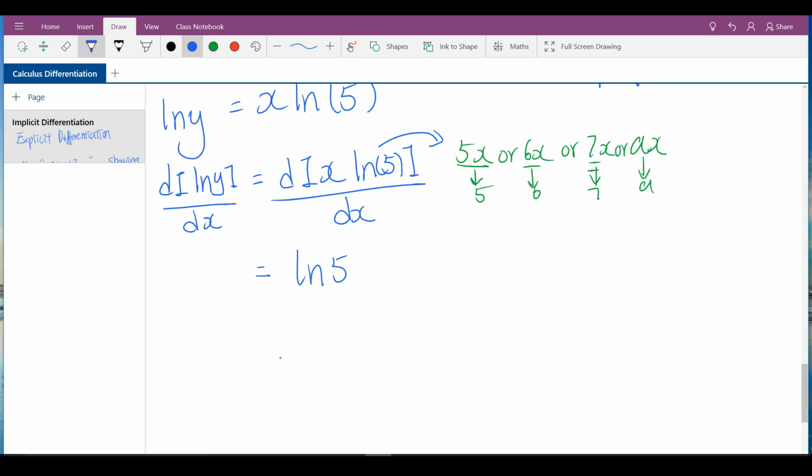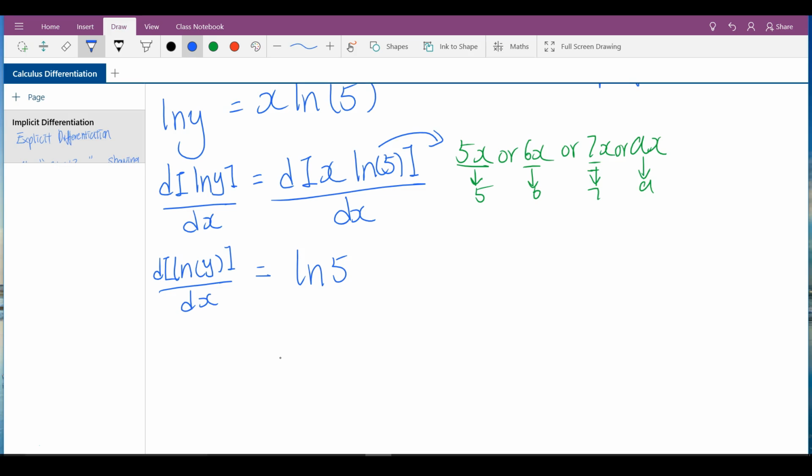Alright? Now let's go to the left hand side, where it's a bit tricky. Now, remember, like we said before, y is a function of x. Alright, y is a function of x. So you can treat this as just a big bracket, right? And differentiating that with respect to x. Now, how do you normally differentiate ln something?